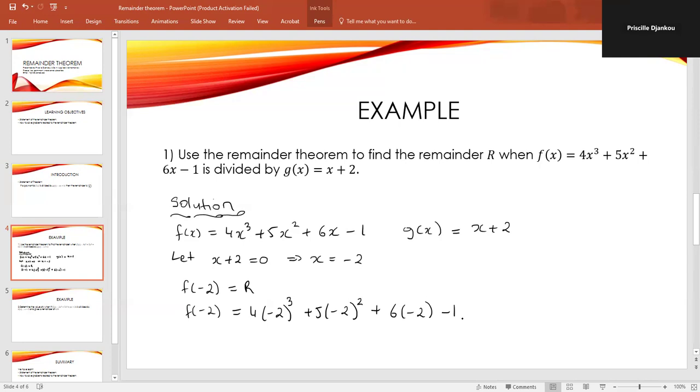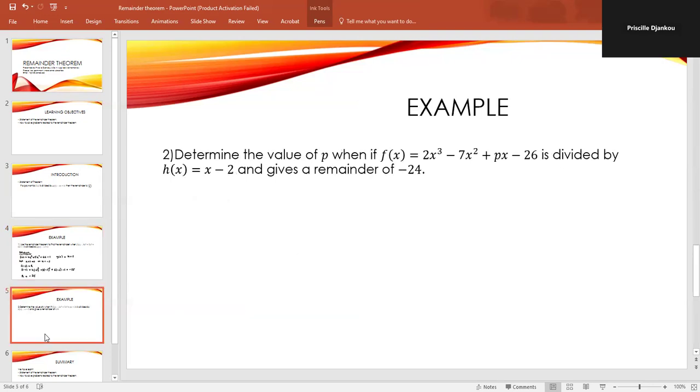If you simplify this, you are going to have minus 25. So our remainder is minus 25. That is how we use the remainder theorem. Okay? Now, we're going to have another example of a question which makes use of the remainder theorem.